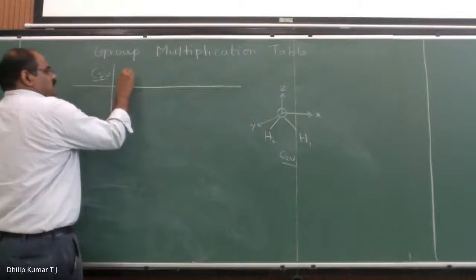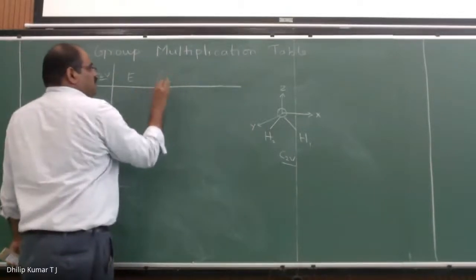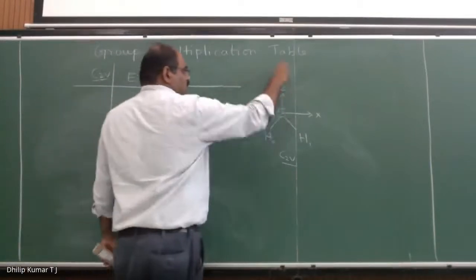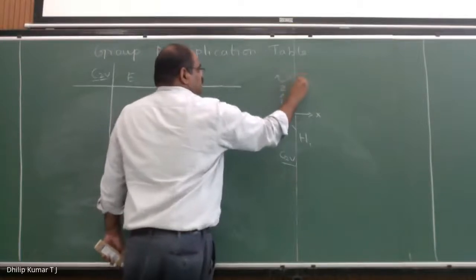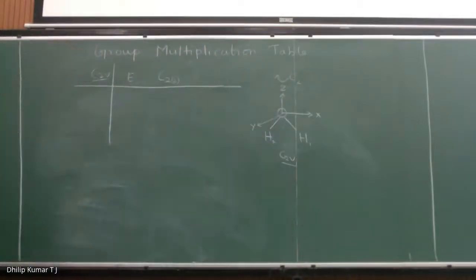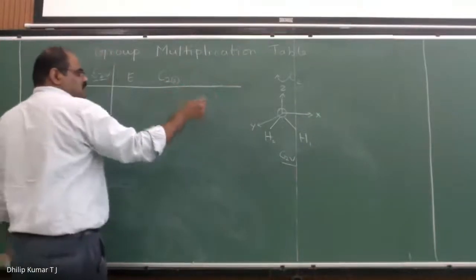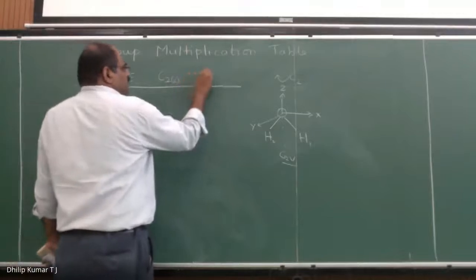One is E, the other is C2, which rotates about the Z axis. Through this axis we rotate 180 degrees, which results in another symmetrical structure. Then we have the sigma V plane.